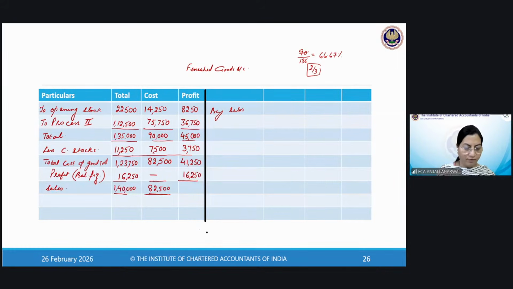So the total profit which the organization is having is 57,500. By sales, 1,40,000, the cost of those goods is 82,500, and therefore the profit is 57,500. Okay, clear?